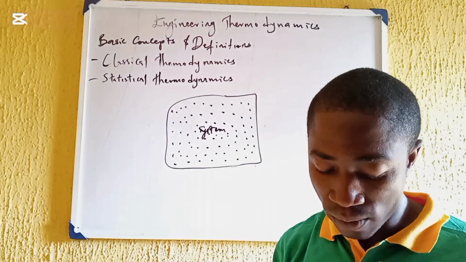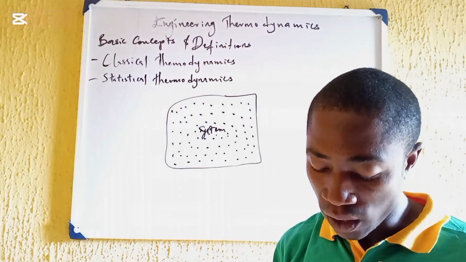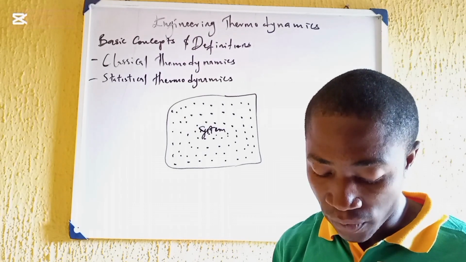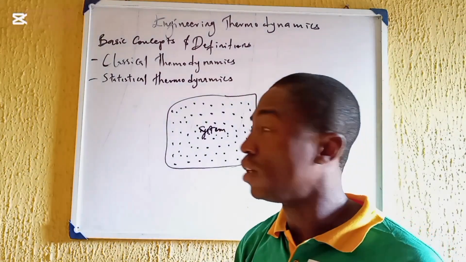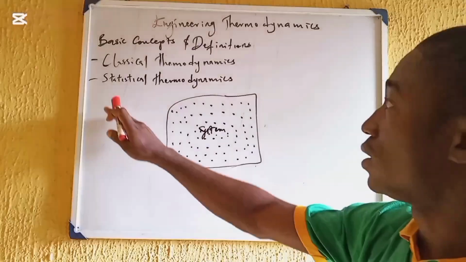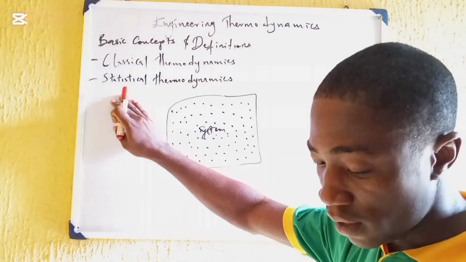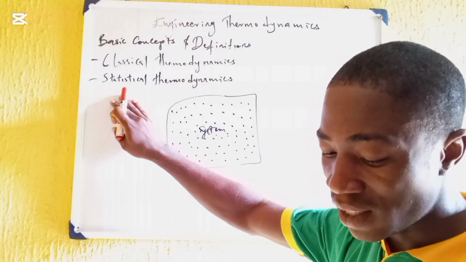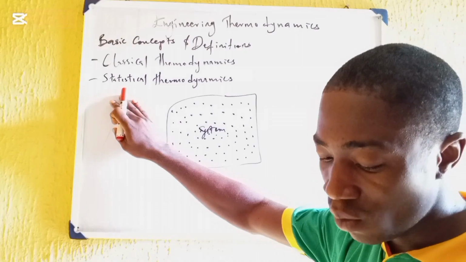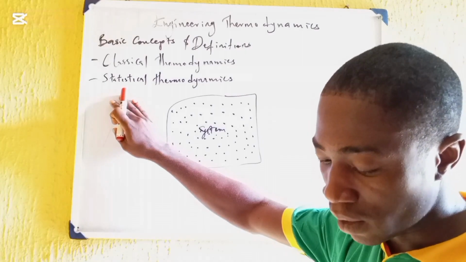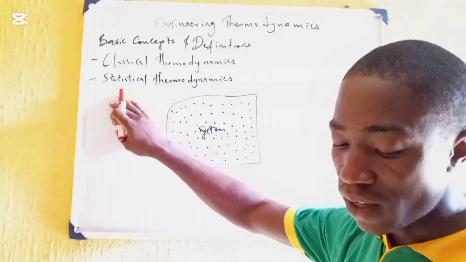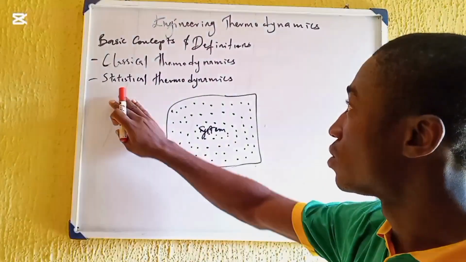Analysis requires simple mathematical formula and the values of the properties of the system are their average values. Then for the statistical thermodynamics, it is an approach to thermodynamics that is concerned directly with the structure of the matter. Analysis requires advanced mathematical methods.